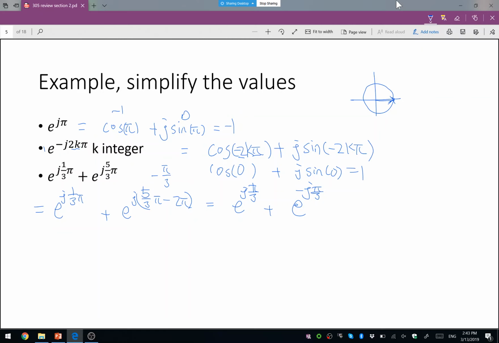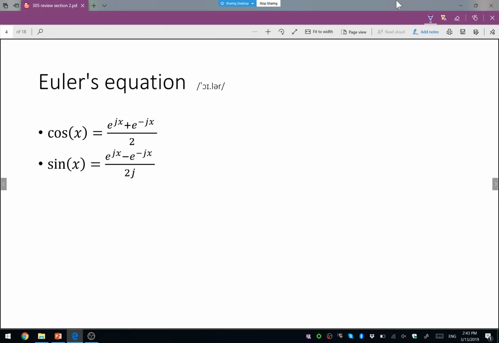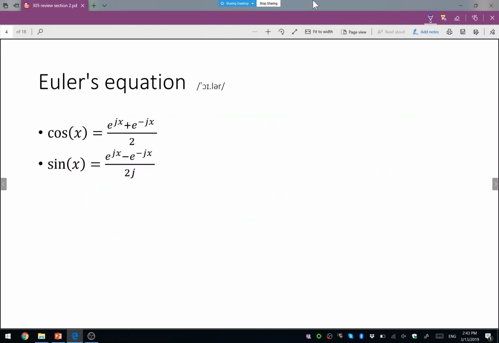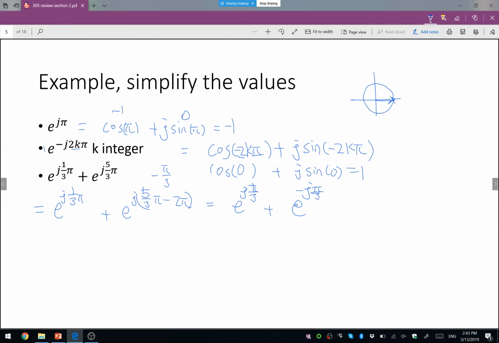So in Euler's formula, you see something very similar here. So we try to fit into this formula. Because there is 1 over 2 here, we put over 2 here and put the 2 outside.